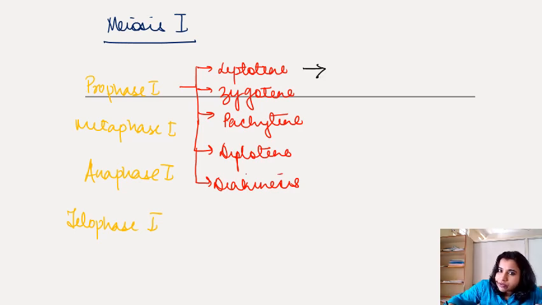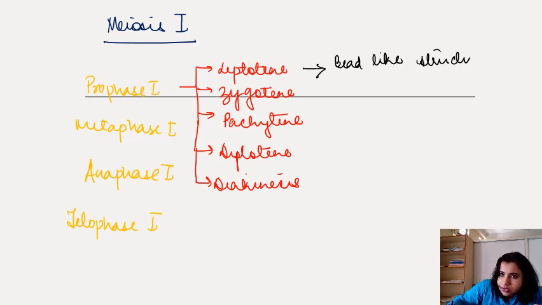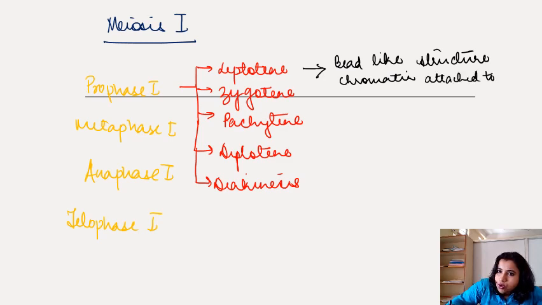There is an appearance of bead-like structures, and chromatin gets attached to one end of the nuclear membrane. You can say chromatin attached to one end of the nuclear membrane. NM stands for nuclear membrane, right?